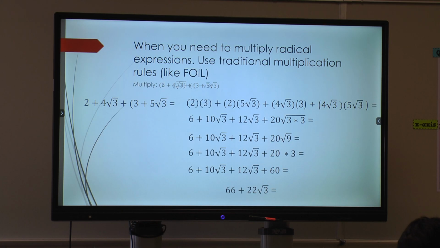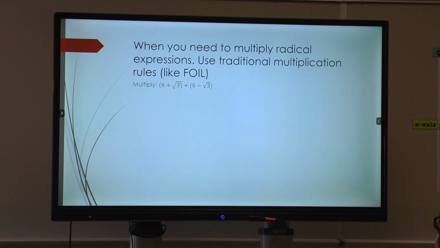Now, we got one more multiplication before we go back into our Kahoot. So, I got 6 plus radical 3 times 6 minus radical 3.